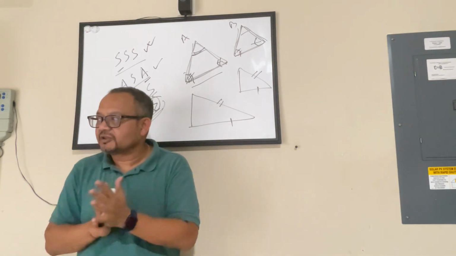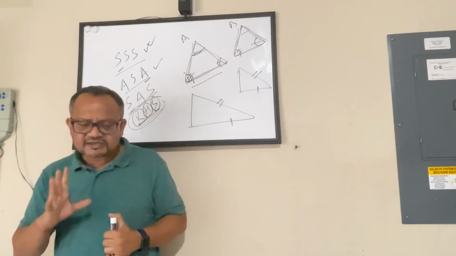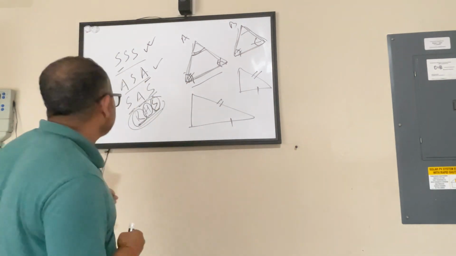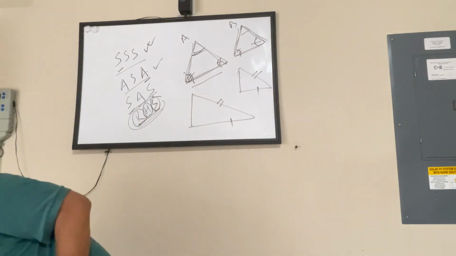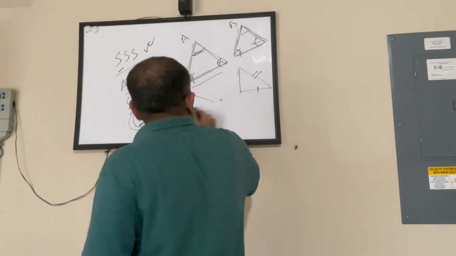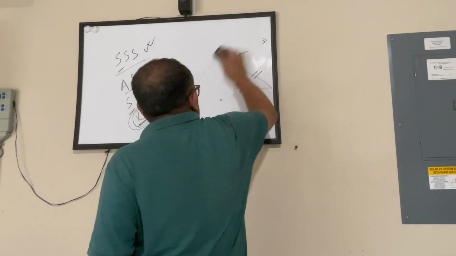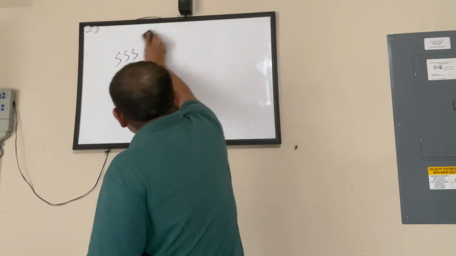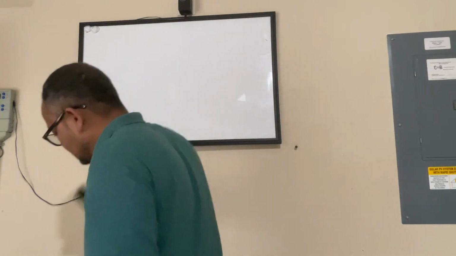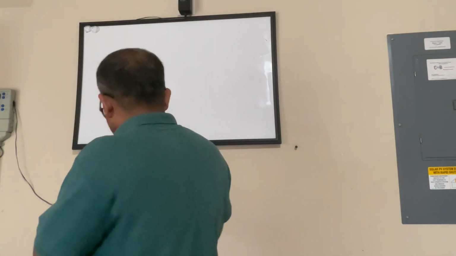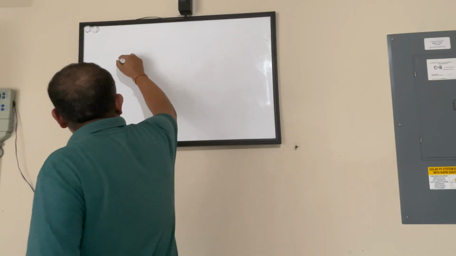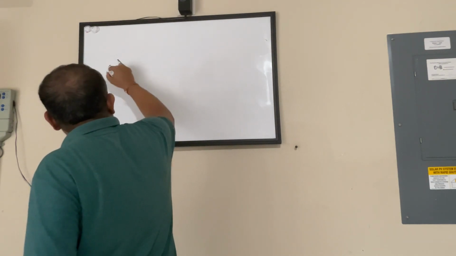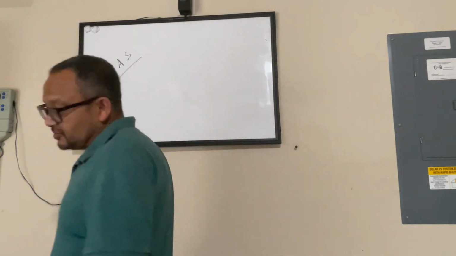So this is on the congruence part. Let's quickly prove one of the congruence theorems. SAS, meaning two sides and the angle between them.